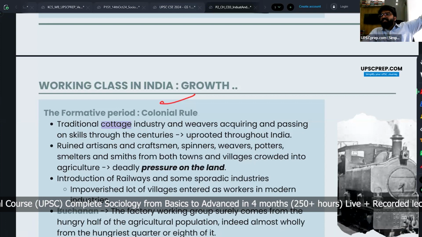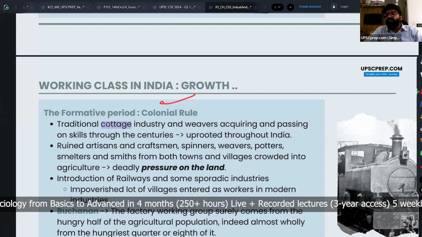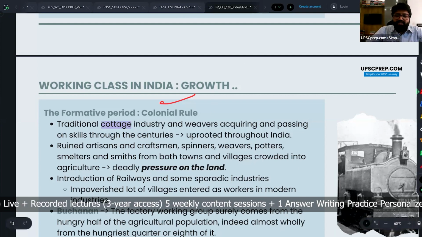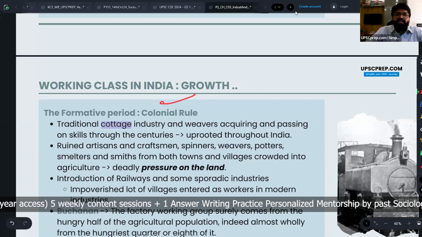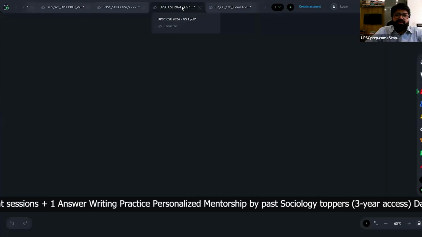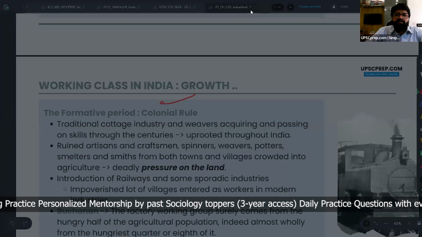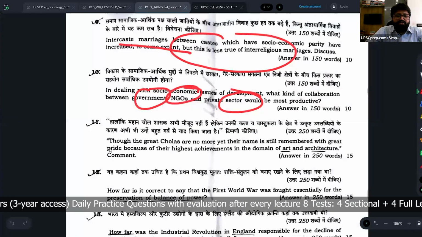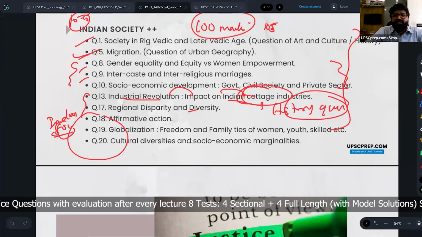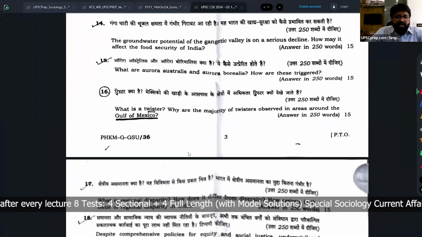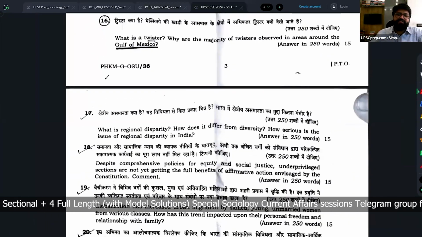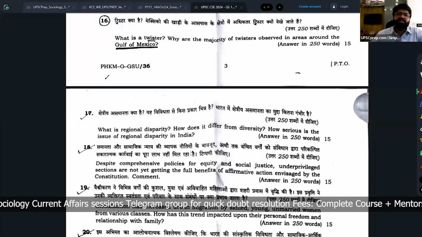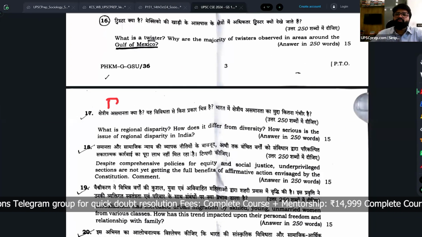Likewise, in art and culture, some points from the sociology point of view, because you studied sociology, you are going to add on certain things. Similarly, another question in this particular paper, the 17th question. Questions 17 to 20, these 4 questions are part of Indian society, so everything will be directly related to what you study in paper 2.